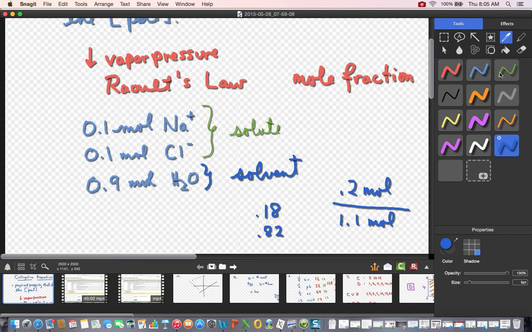The relevant formula here for Raoult's law is that the vapor pressure is equal to the mole fraction of the solvent times the vapor pressure of the pure solvent. And again, we'll talk conceptually about how this effect is realized by adding more particles to solution.